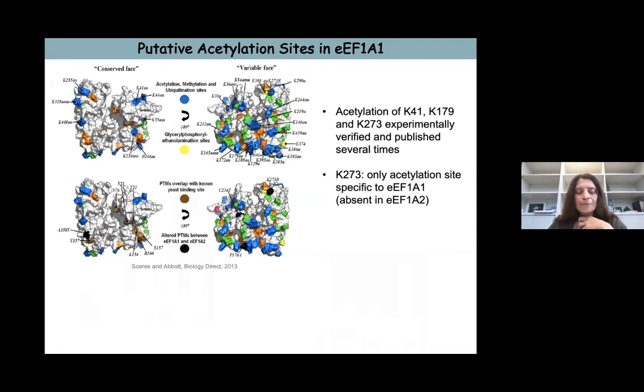So here, we also worked with acetylation mutants. We wanted to know whether there are some potential acetylation sites that are very important for EF1A1 to interact with SOX10 and then induce its degradation, and also to go to the nuclear compartment.